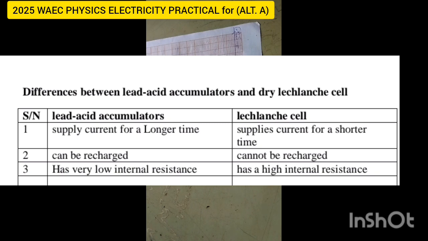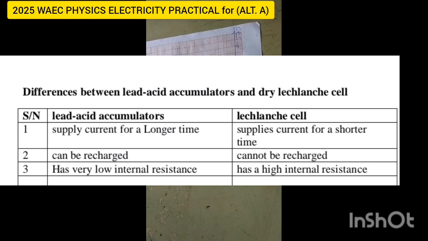So under the acid accumulator, you can say that yes, acid accumulators supply current for a longer time or a longer period, while Leclerc cells supply current for a short time. Two, you can say lead acid accumulator can be recharged, while dry Leclerc cell cannot be recharged.